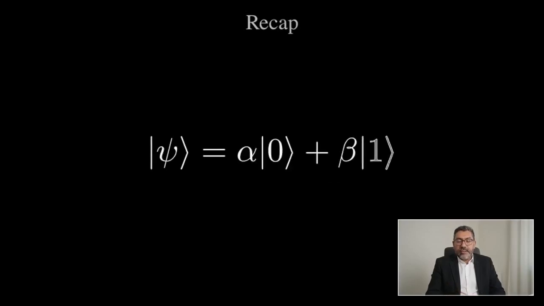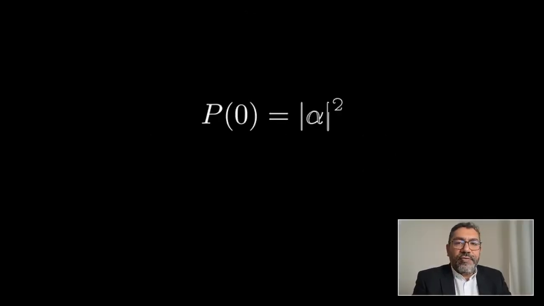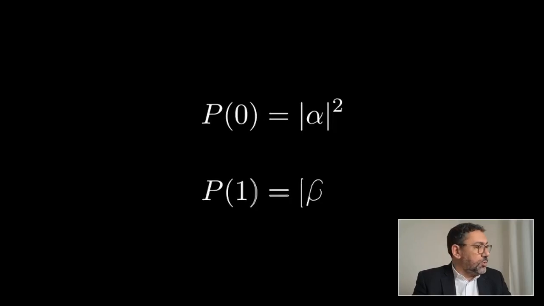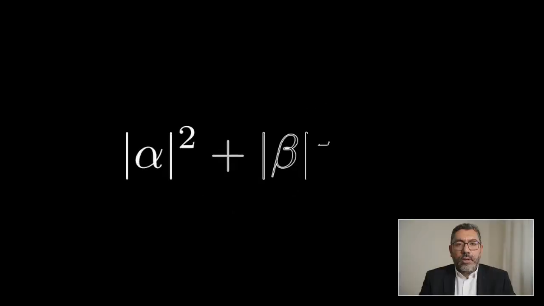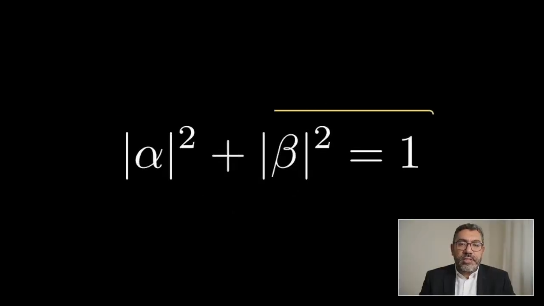Let's summarize. A 1-qubit state is alpha ket 0 plus beta ket 1. Alpha and beta are amplitudes. Their squared sizes give probabilities. The total probability must equal 1.